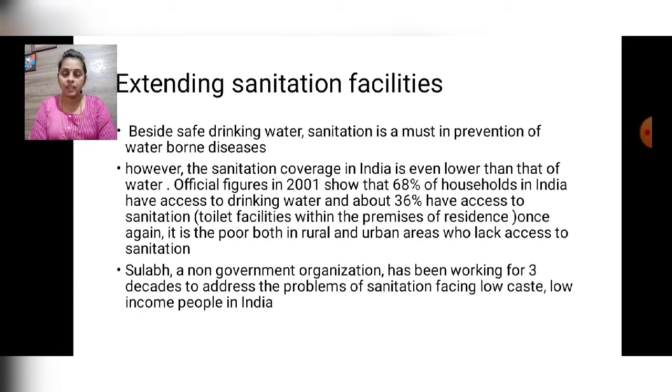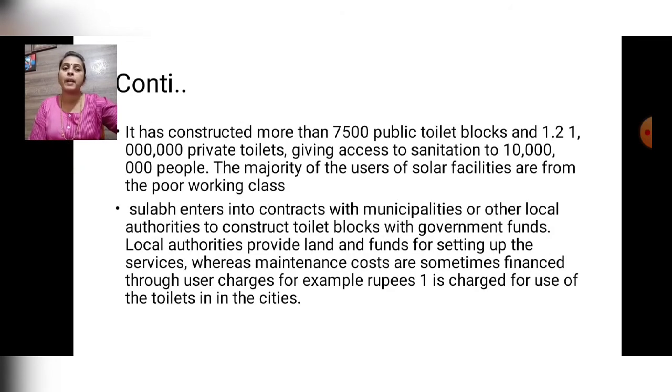A non-government organization has been working for 3 decades to address the problem of sanitation facing low caste and low income people in India. So they are providing for such people only. Sulabh Shauchalay is established, and you can pay and use. In some cases you can use it freely.